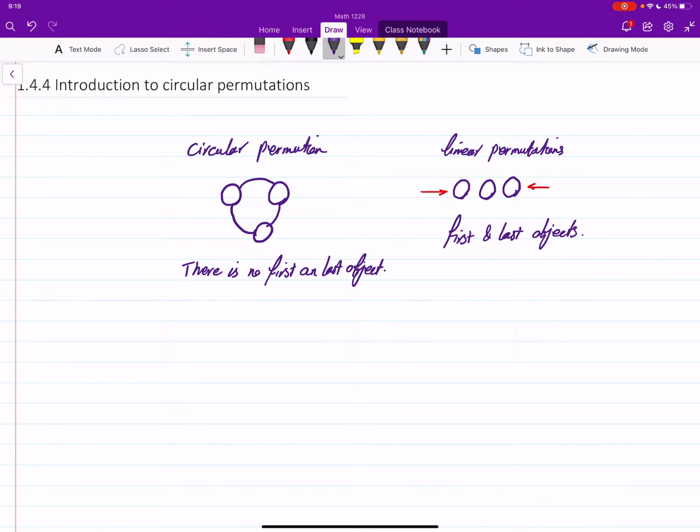Basically we get rid of that first and last, and that's how we get circular permutation.